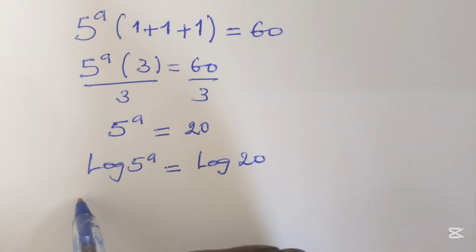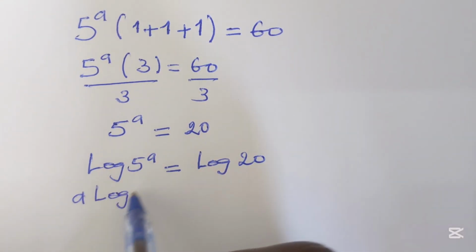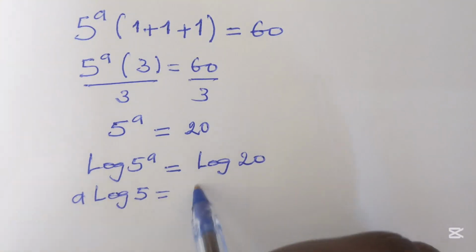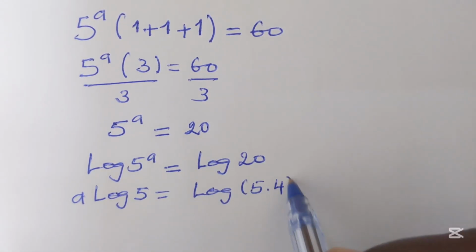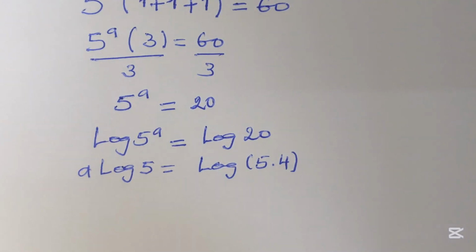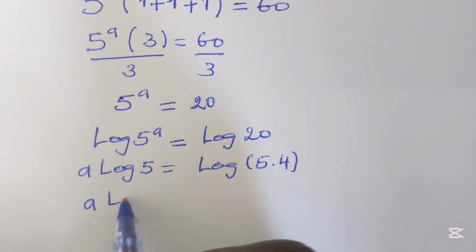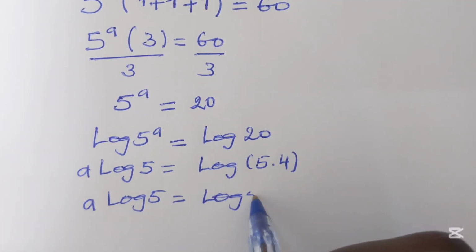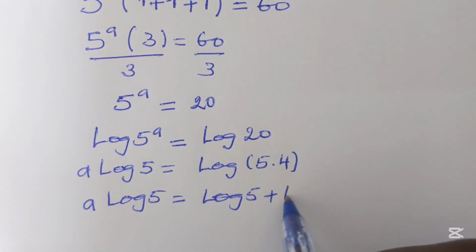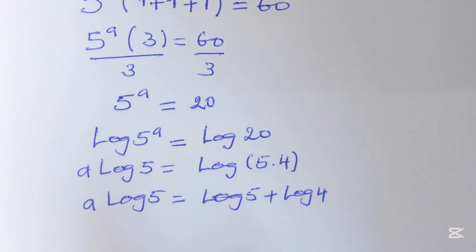Okay, then a log 5 equals log 5 times a, so log of 20 equals log of 5 plus log of 4.